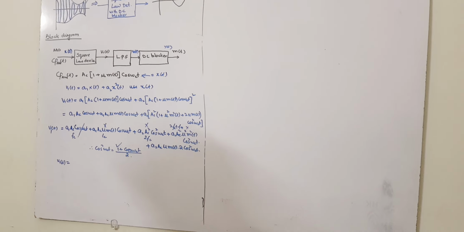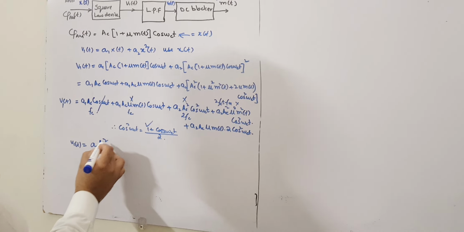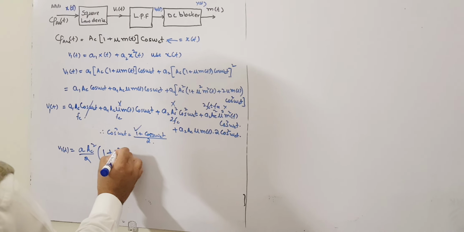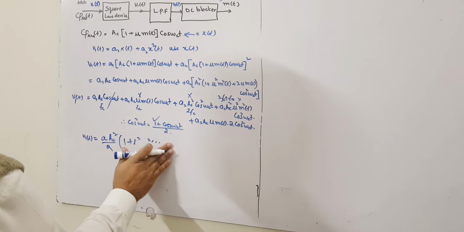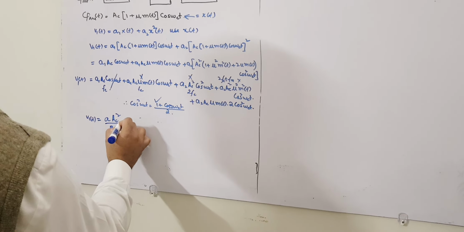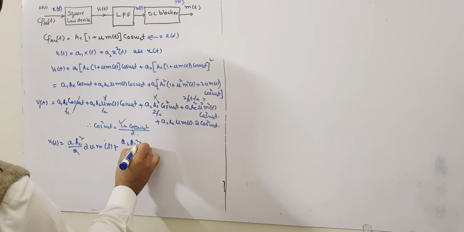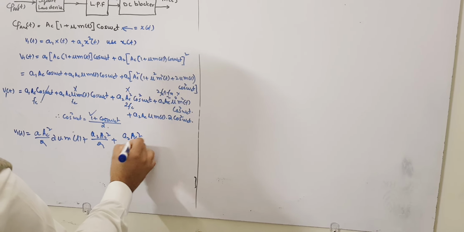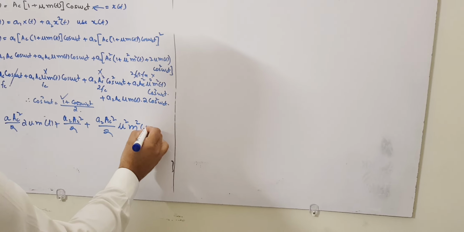So it will be B AC square divided by 2, and then the remaining one is 1 plus mu square m square t, then plus 2 mu of m t, plus A2 AC square divided by 2, and then plus A2 AC square divided by 2 mu square m square of t.